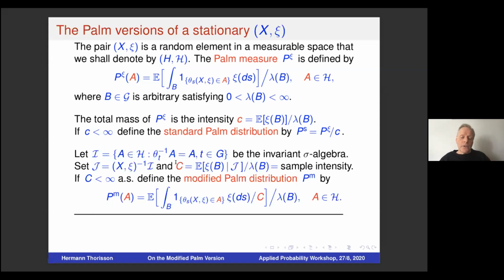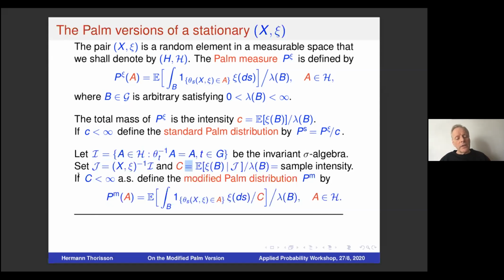And now use capital C to define a conditional intensity. What is this? It's the conditional intensity of psi given the invariant sigma algebra of the pair, and then we divide by lambda(B), and we get something called sample intensity, and it's a random variable.